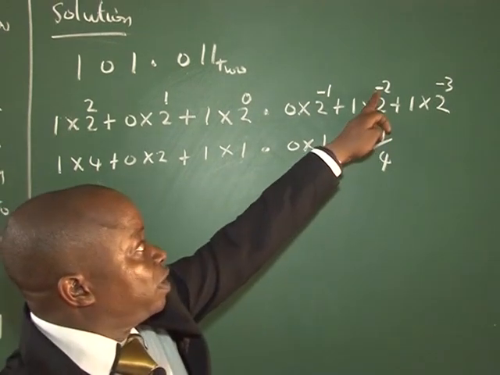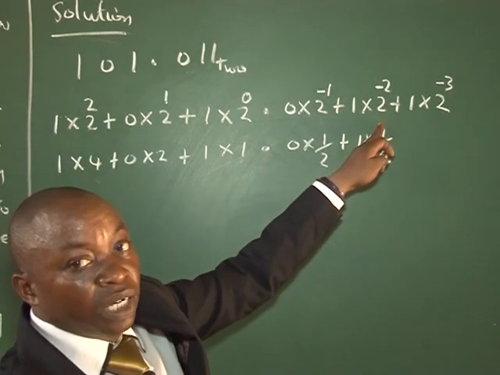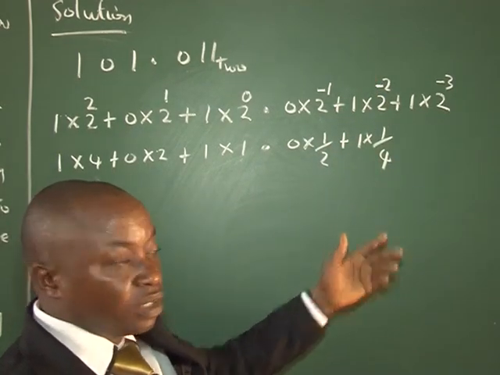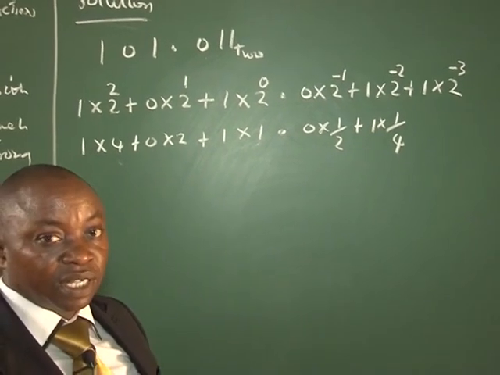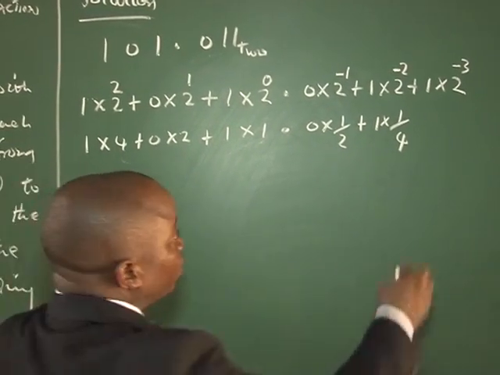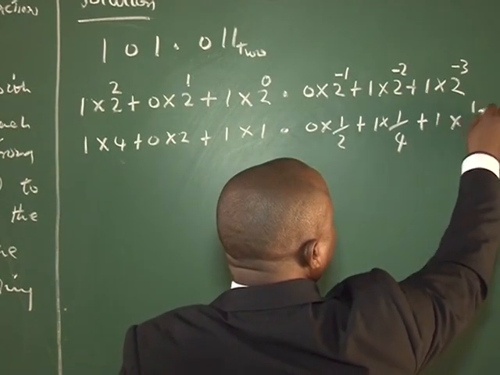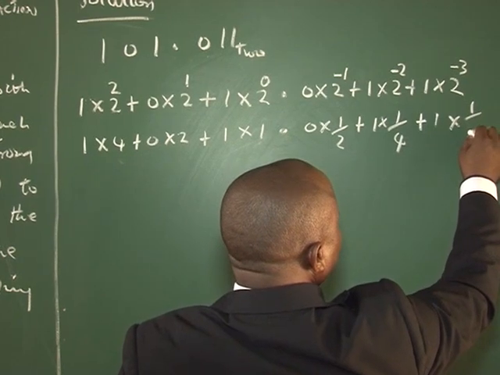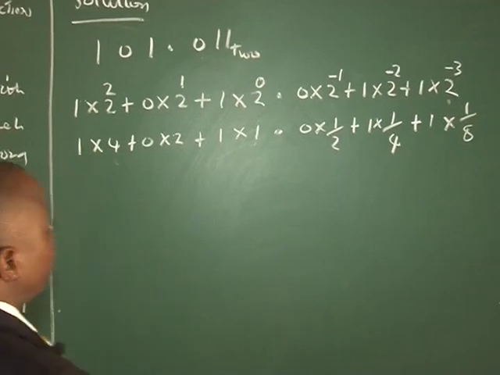You know, 2 raised to -2 is 1 over 4, according to the law of indices. You can also get this from your lectures on indices and logarithm. Okay, so plus 1 times 1 over 8. This is 2 raised to 3, which is 8.